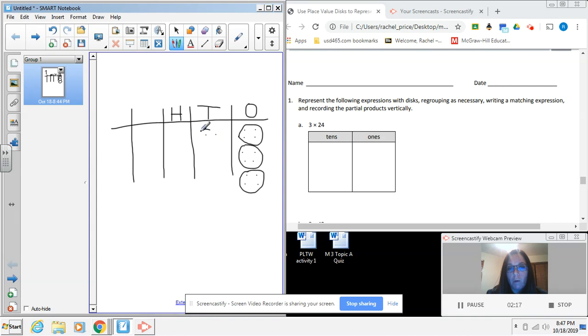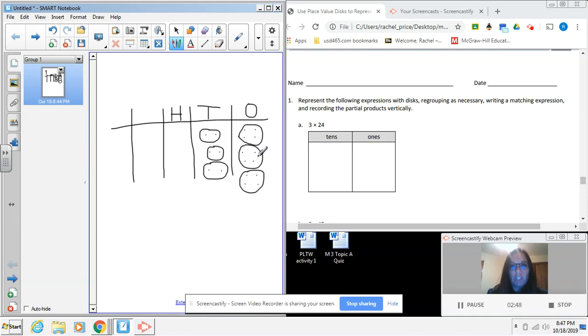So there's 1 bundle, there's 2, okay, and then there is 3. Okay, so 3 sets of 2. So we know now we have 1, 2, 3, 4, 5, 6 in my tens position, which would be 60. And we have 1, 2, 3, 4, 5, 6, 7, 8, 9, 10, 11, 12 in my ones position.